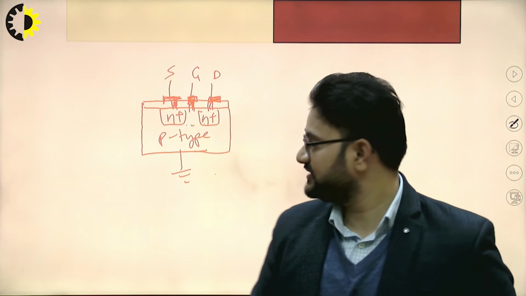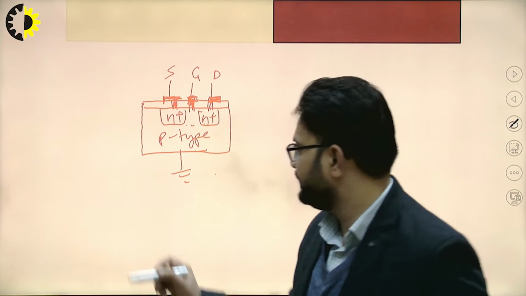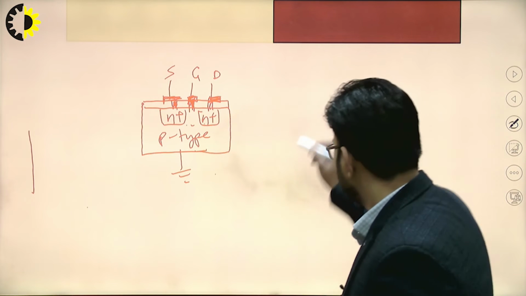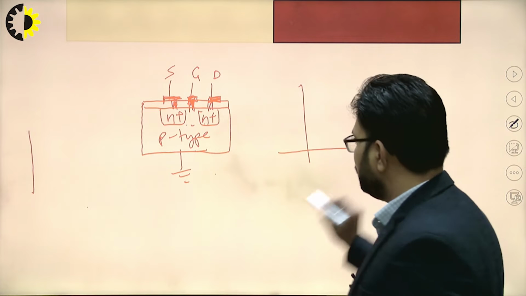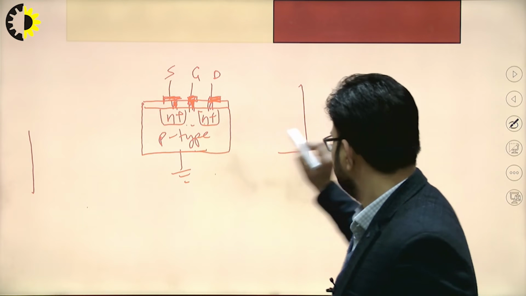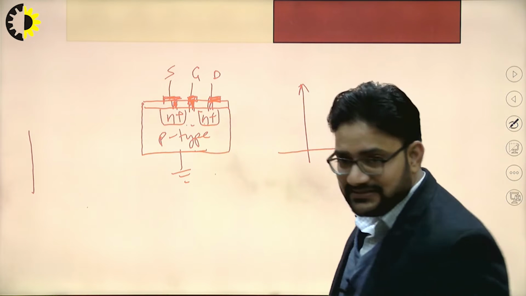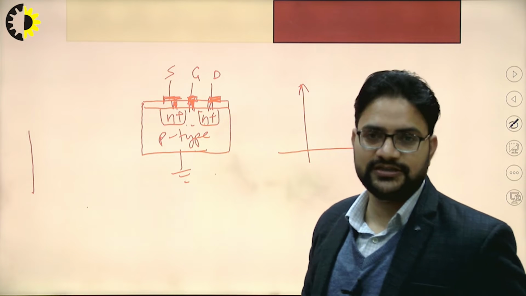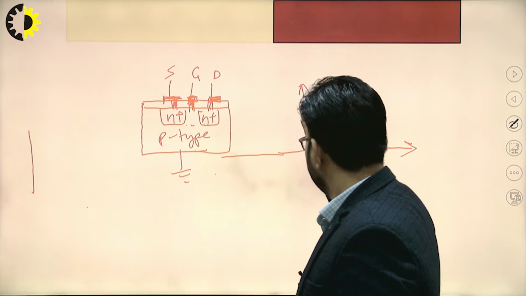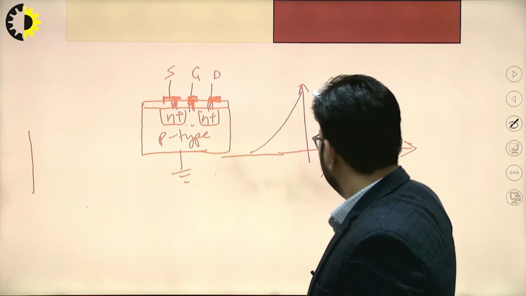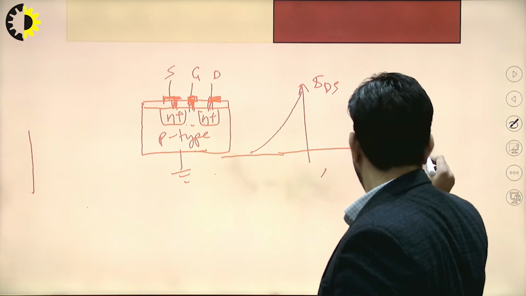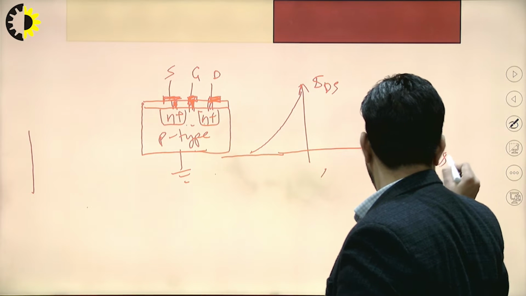If you see the characteristics, we had discussed them in the previous lecture also. So the characteristics of MOSFET will look like this. Whenever you apply the gate to source voltage, the characteristic which is drawn is called the gate characteristics, right?